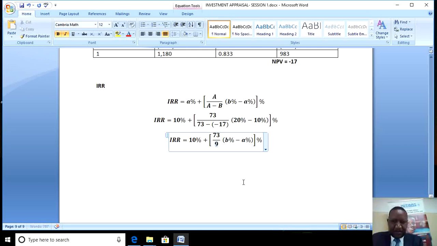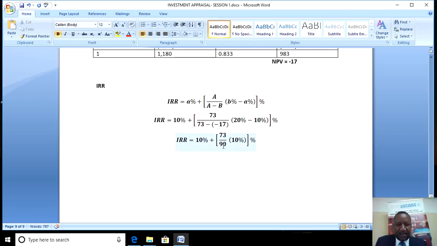So that's going to be 90. So this is going to be 20%. 20% minus 10%, that will be 10%. So we have 10% put in brackets like that.